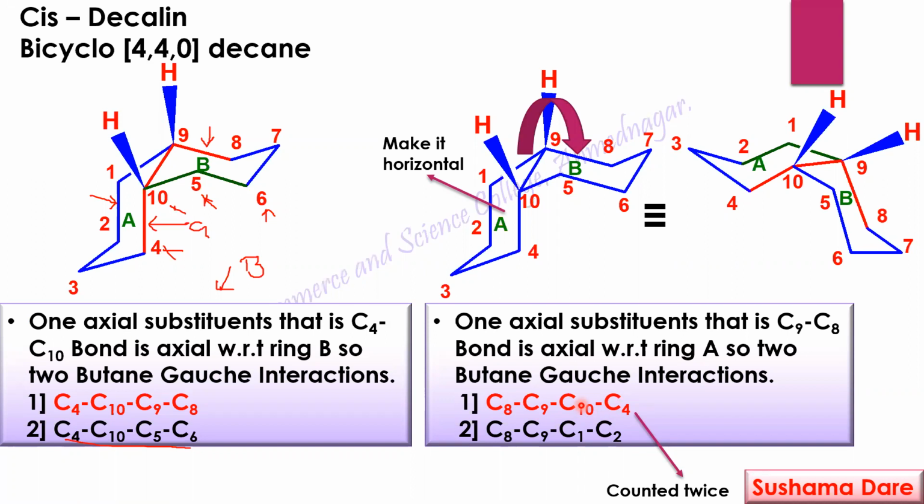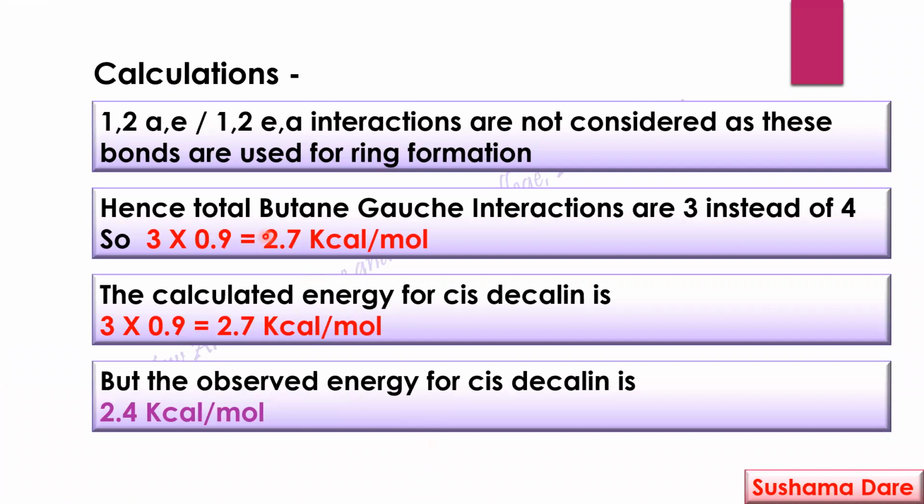In the calculations, 1,2-AE and 1,2-EE interactions are not considered as the bonds are used for ring formation. The same we discussed in trans-decalin. The total Butane-gauche interactions are 3 instead of 4. So 3 into 0.9 is equal to 2.7 kilocalorie per mole.